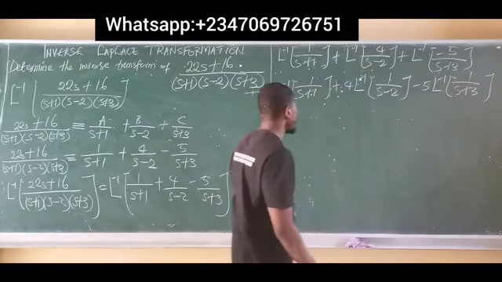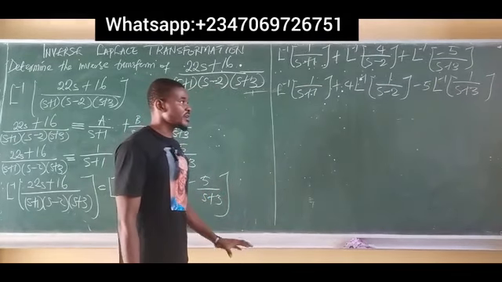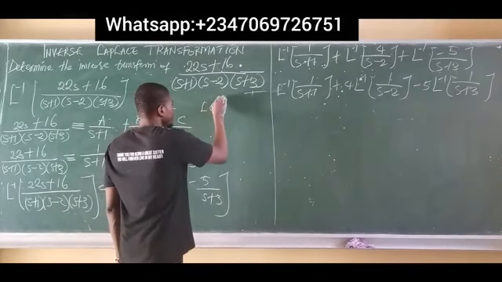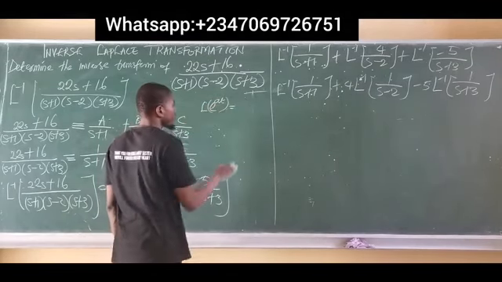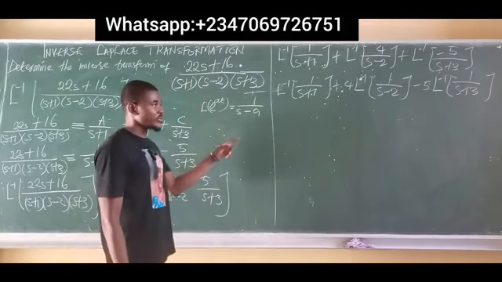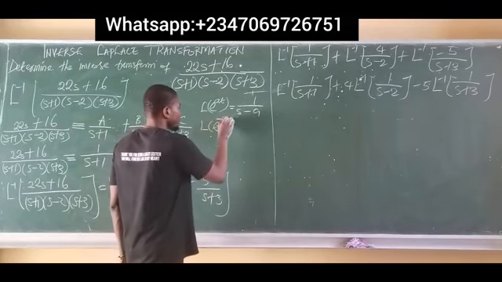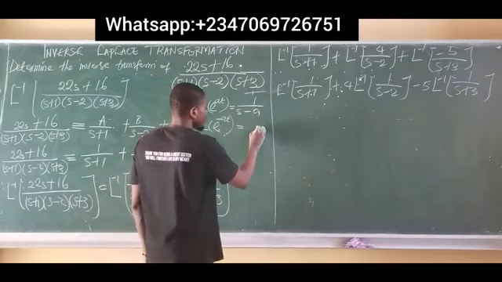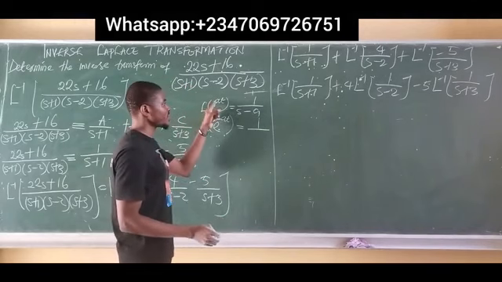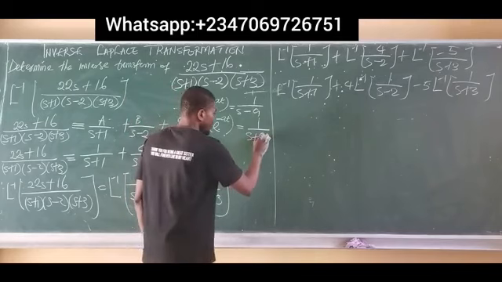So you have this. Alright, so in the table of standard values, which we explained in the introduction video, I said the Laplace transformation of an exponential function, e^(at), is simply equal to what? 1 all over s - a. Also, the Laplace transformation of e^(-at) is equal to 1 all over s + a, because when it is positive it gave us s - a, but now that it's negative, it's going to be s + a.